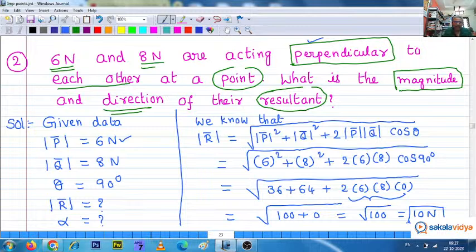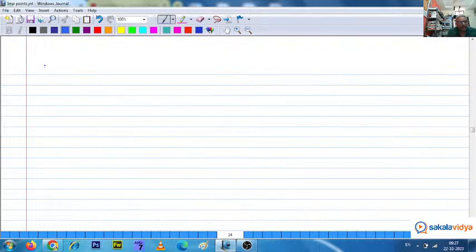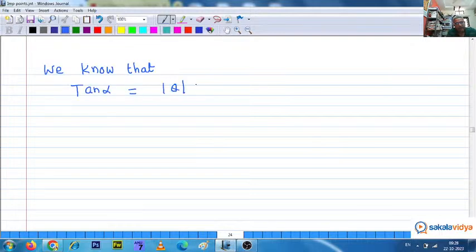Now what we need to find out? Alpha we need to find out. Go for alpha. So now alpha, we know that tan alpha is equal to mod q sin theta upon mod p plus mod q cos theta. So let us replace.